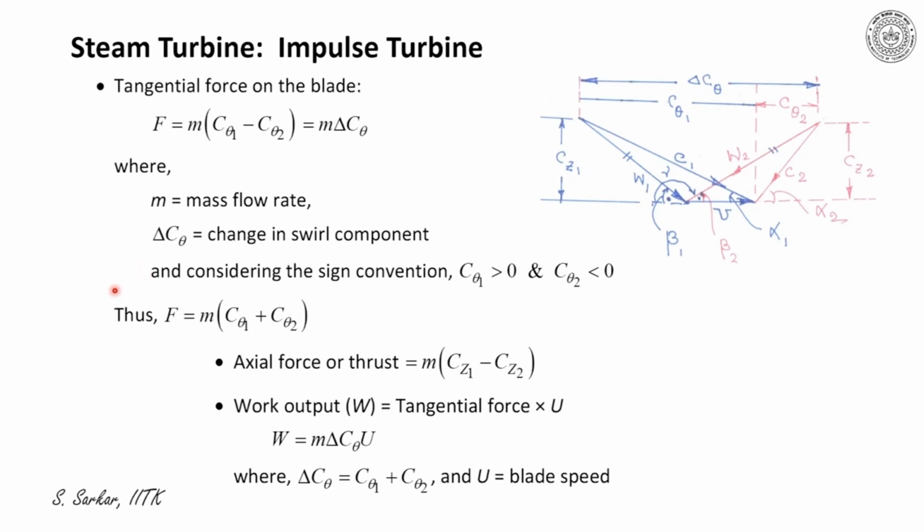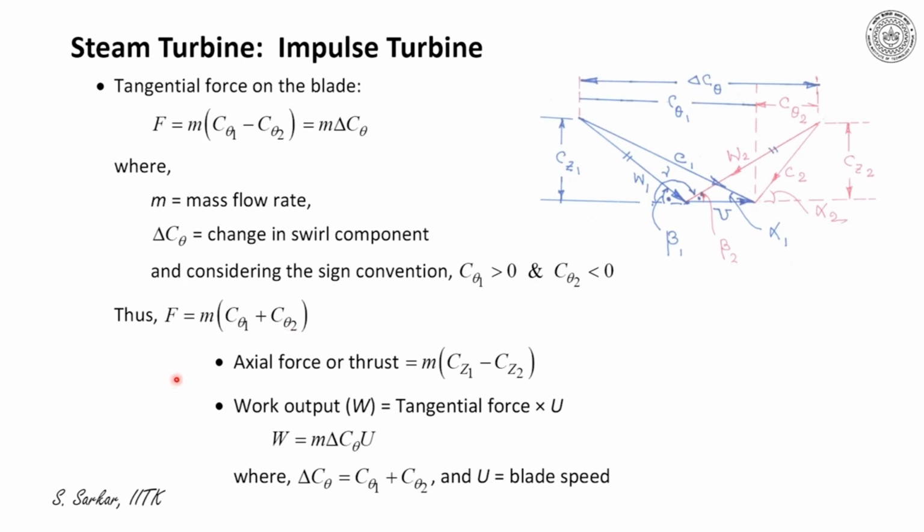Thus, F can be expressed as M into C theta 1 plus C theta 2 in this direction, considering the velocity triangle. So this is the expression of tangential force, which is M into C theta 1 plus C theta 2.